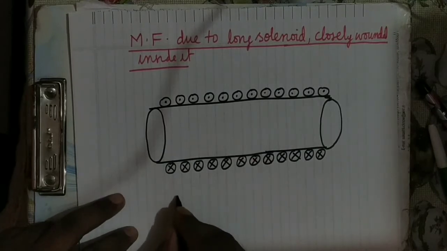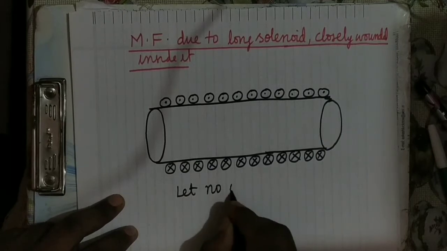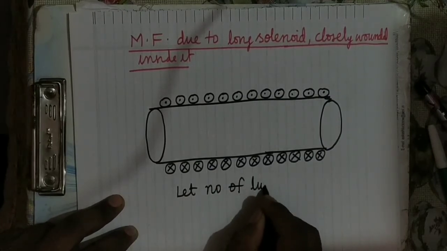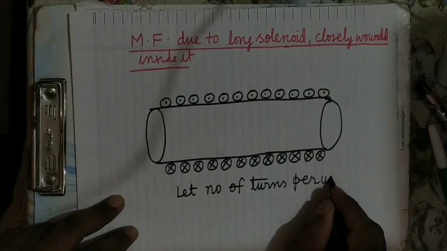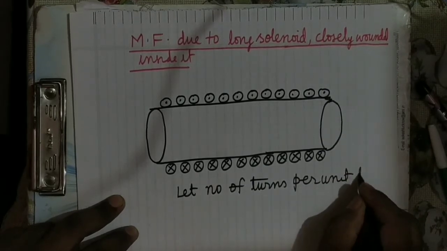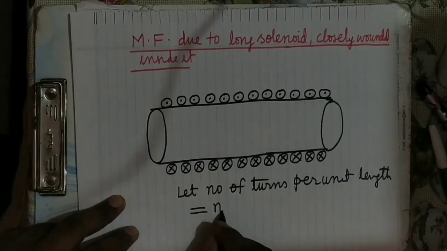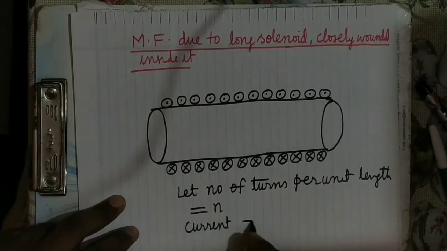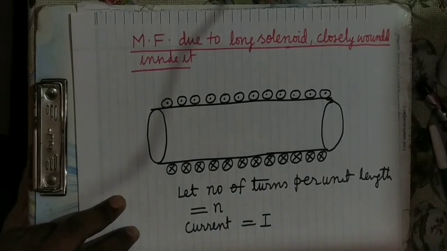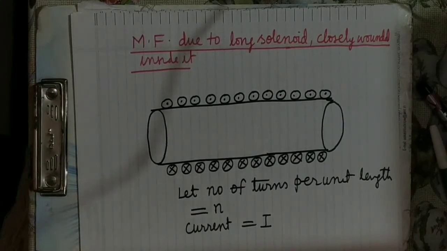Here we have assumed the number of turns per unit length is n, and the current which is flowing is I. This means in each turn, current I is flowing.